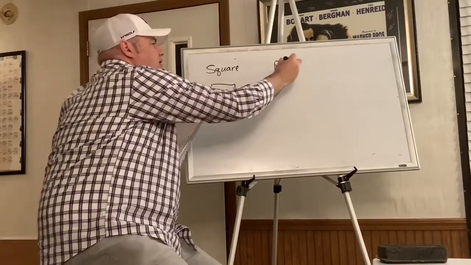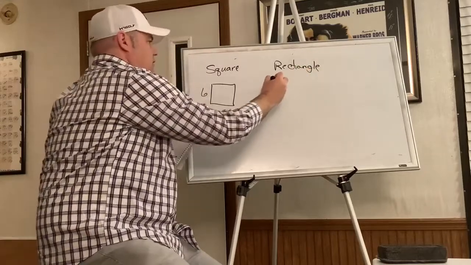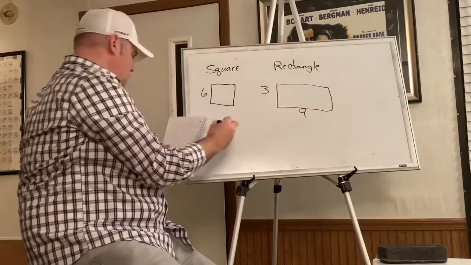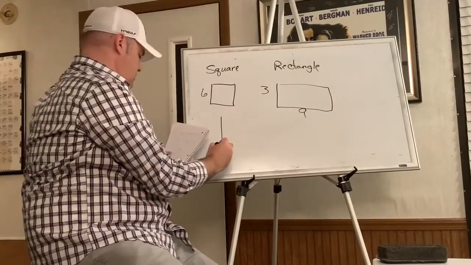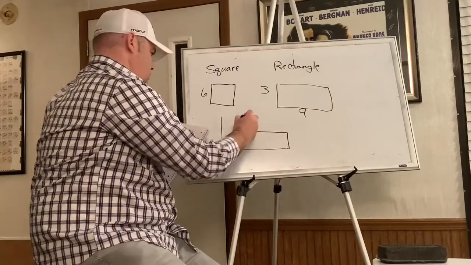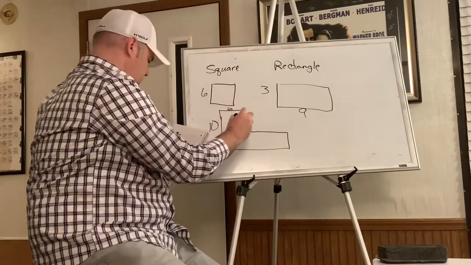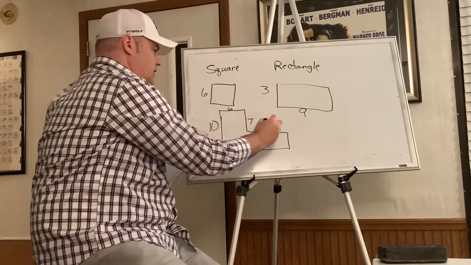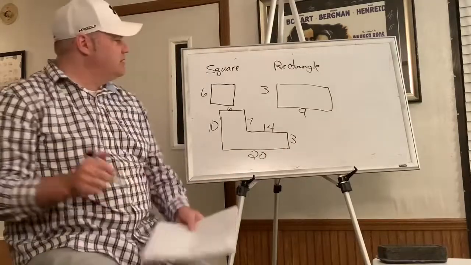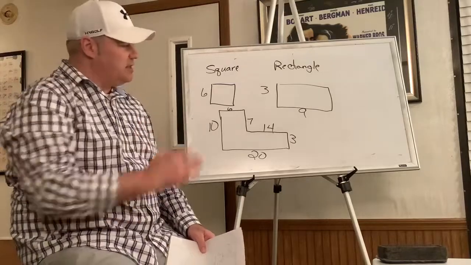Find the perimeter of this rectangle. And I want you to find the perimeter of this shape: 10, 6, 7, 14, 3, and 20. So find the perimeter of these 3 shapes also, and take a photo of your notes.